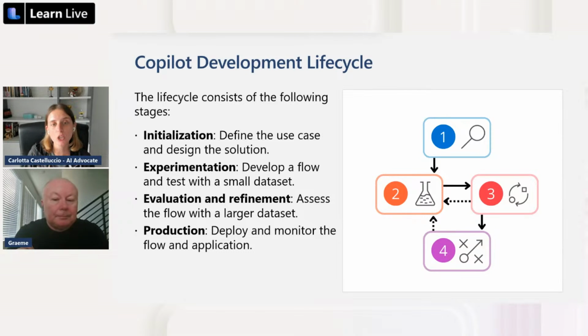We have the initialization phase, where we define the business use case and we design the solution. Then we have the experimentation phase, where we build our solution and we test it with a small data set. We have the third step, which is evaluation and refinement.